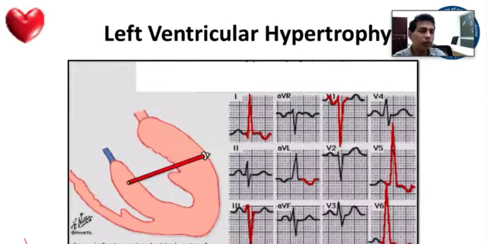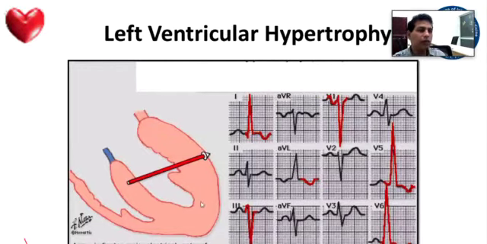If you read the book, there are several names given to these criteria, like the Sokolow criteria and so on. I'm not going to complicate things here, but if you are interested, you can read about it.